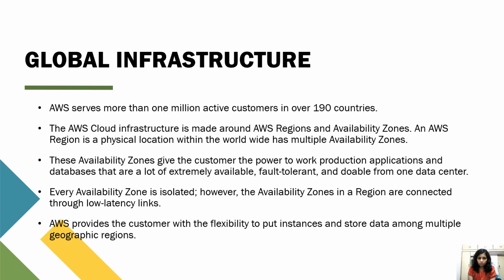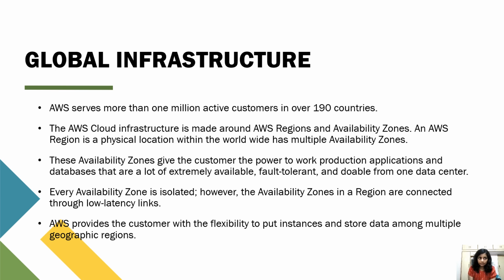Every availability zone is isolated. However, the availability zones in a region are connected through low latency links. It also provides the customer with flexibility to place instances and store data among any of the geographic locations.